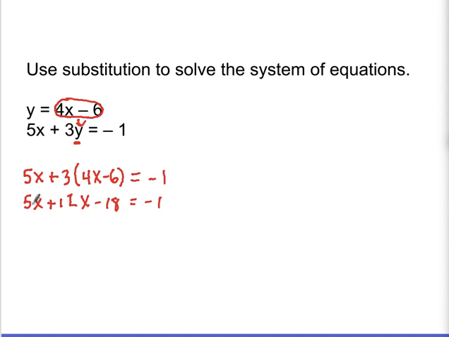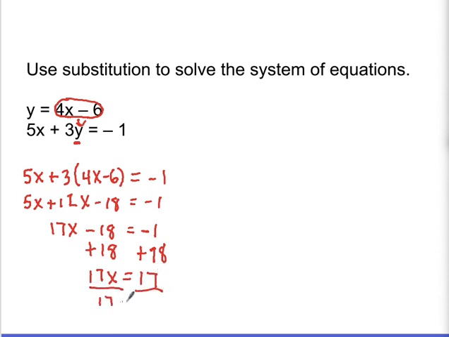Okay? Simplify now. So 5x plus 12x is 17x minus 18 equals -1. Now add 18 to both sides. That would be 17x equals 17. So x equals 1, okay?